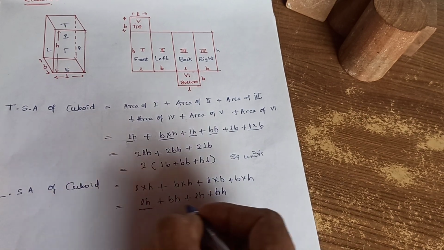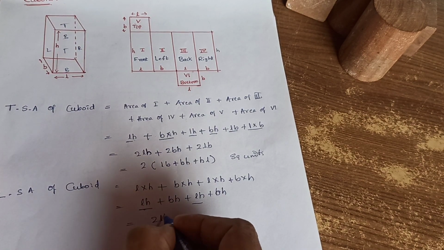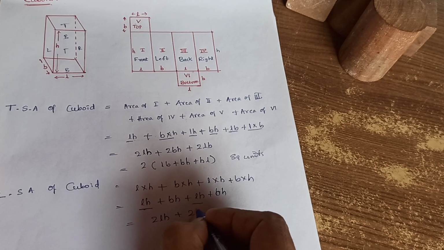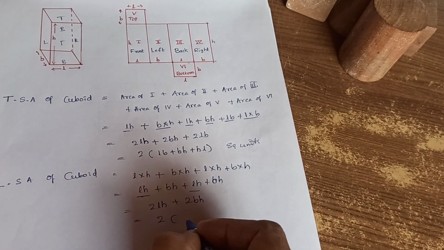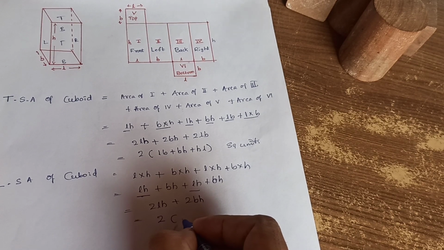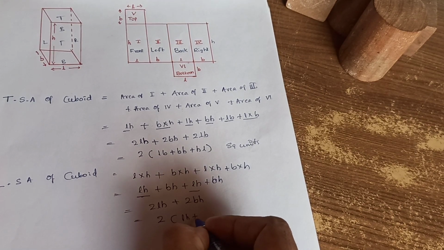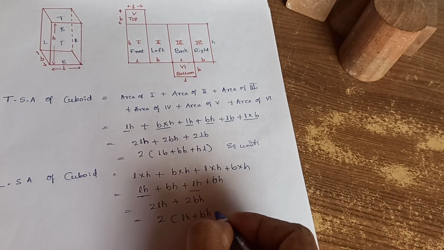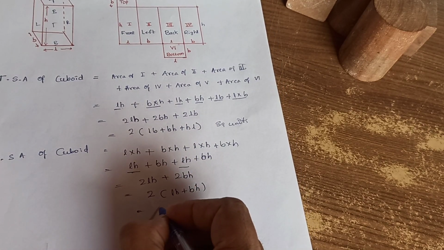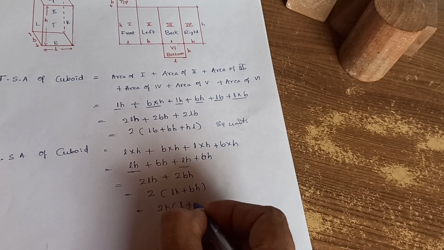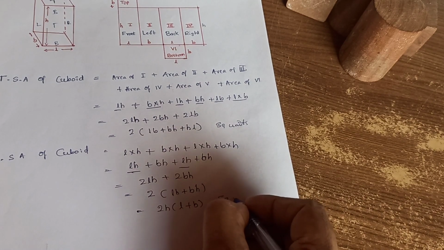So LH plus LH is 2LH, and 2BH. Taking 2 common, LH plus BH. Again H is common, so 2H into bracket L plus B square units.